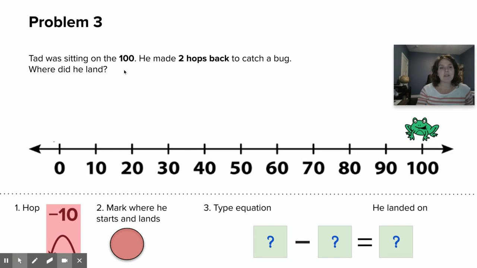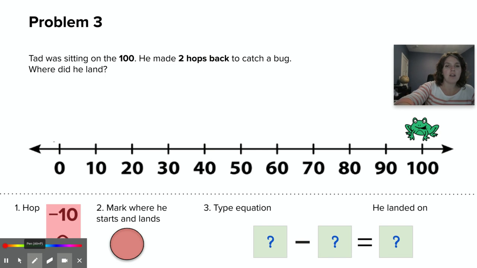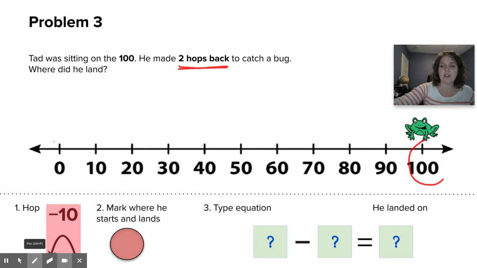So it says Tad was sitting on the 100. There he is. He's ready to go on the 100 for us. He made 2 hops back. So he starts at the 100. We would write 100 on our board, and we're taking 2 hops back.